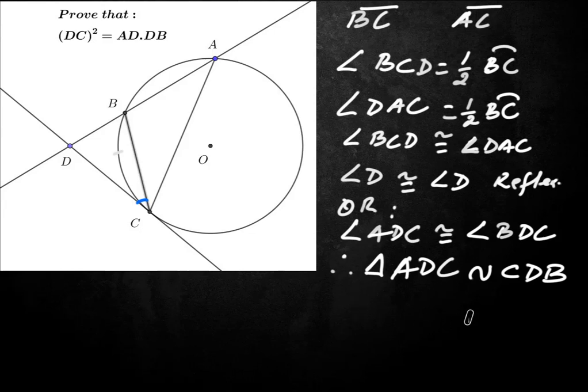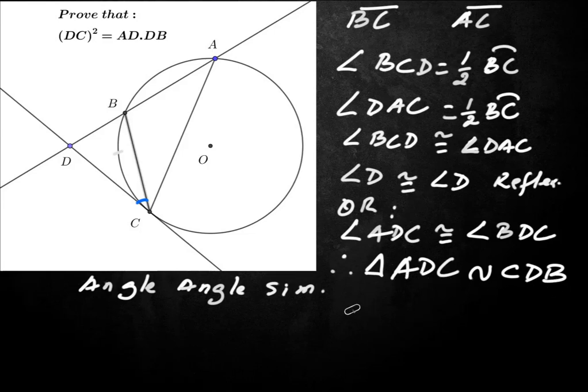Now we can have the corresponding sides. If we divide any corresponding sides, we get the same ratio. That will lead us to the following relation.